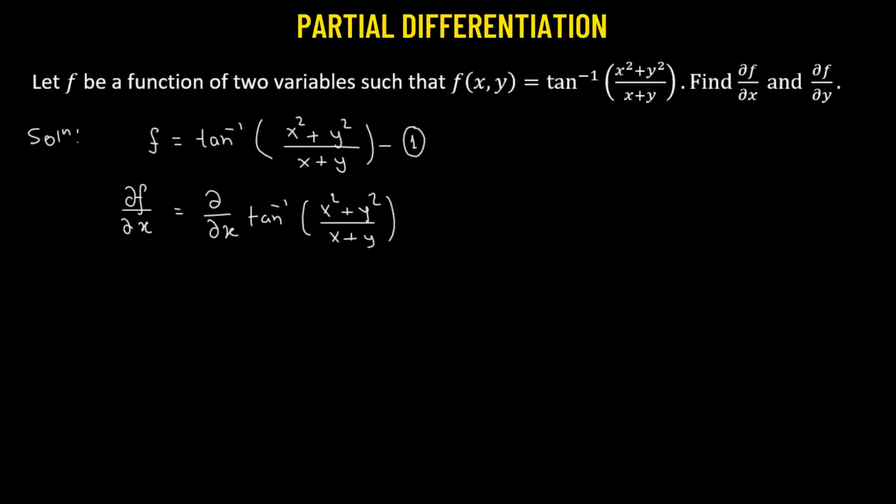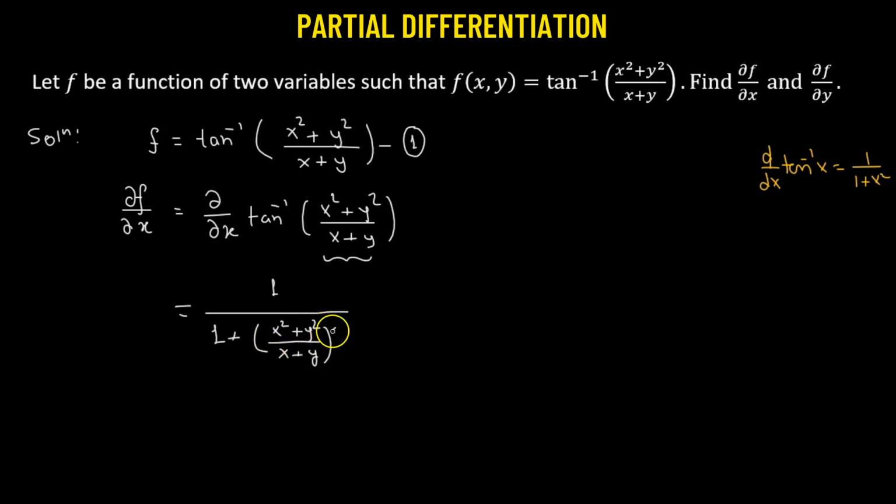Now we know that the derivative of the inverse tangent function is given by 1 over 1 plus x squared. So in our case, we have 1 divided by 1 plus the argument of the inverse tangent function, x squared plus y squared divided by x plus y, whole squared.